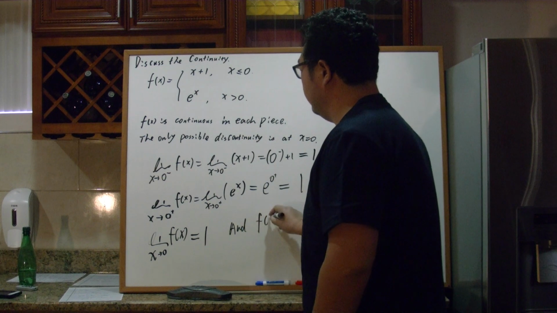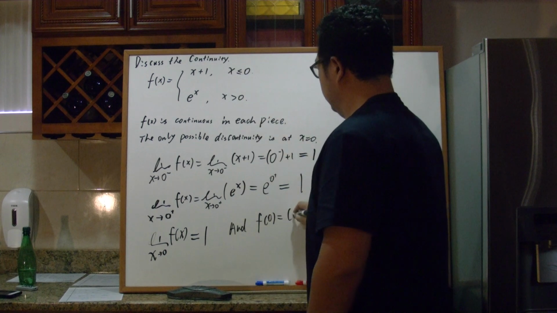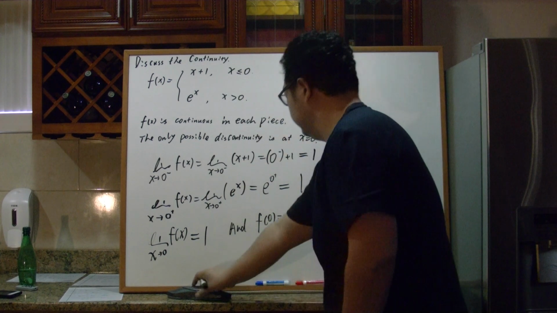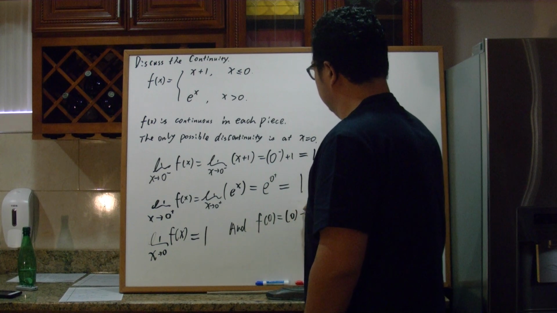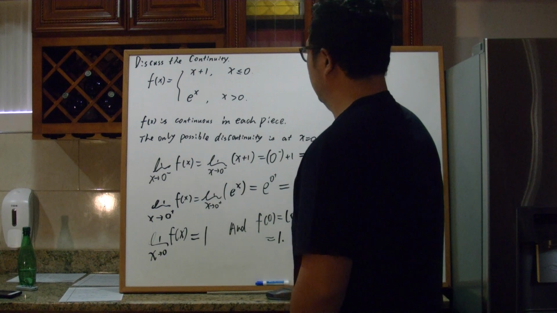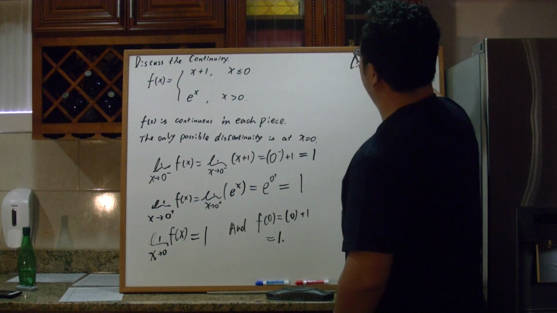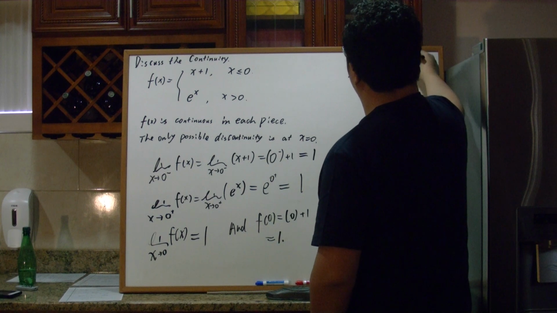And we find f of 0 is defined on the first piece and is also 1. We have the limit equals the function value.